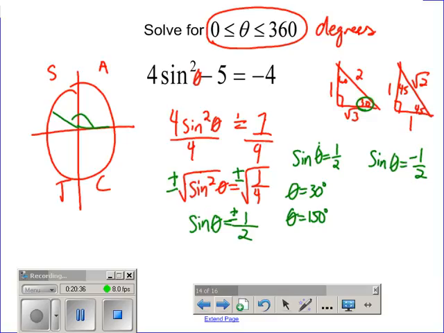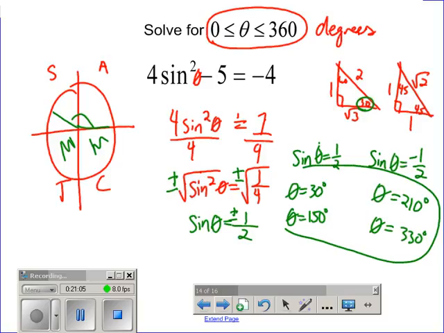And then over here for negative, that's in the third and fourth quadrants. So those reference angles are going to be 210 degrees and 330 degrees. Okay, so these are your 4 answers for this problem.